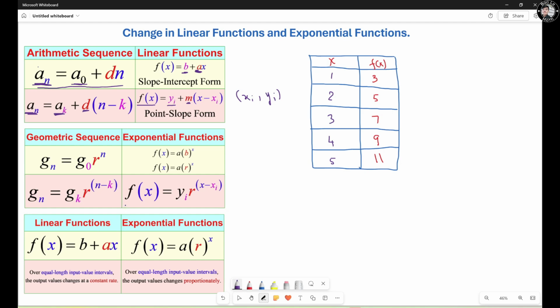Now we're going to move on to the second one: the geometric sequence and exponential functions.